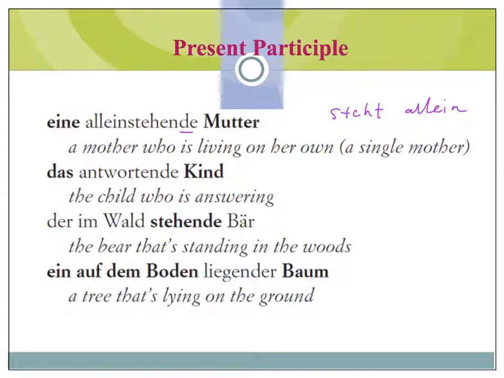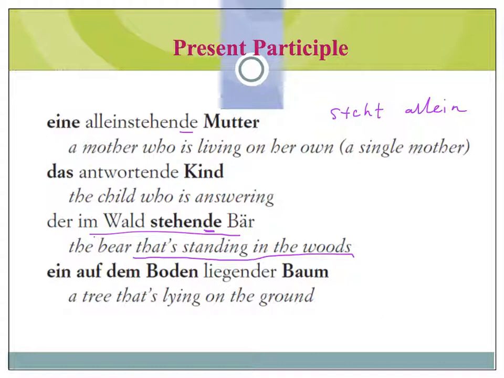Second example, das antwortende Kind, the child that is answering or who is answering. Der im Wald stehende Bär, the bear that's standing in the woods. There's one where you have this as a dependent clause in English. It's not needed in this case in German because of the gerund, or, gerund is how we often refer to that in English, but let's call it present participle, stehende.